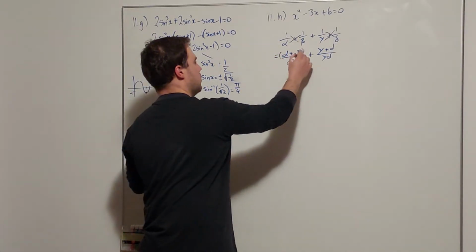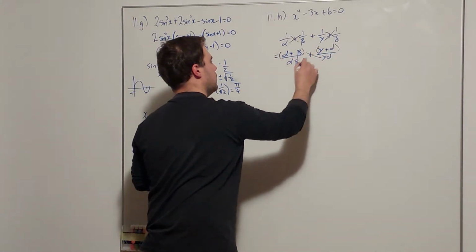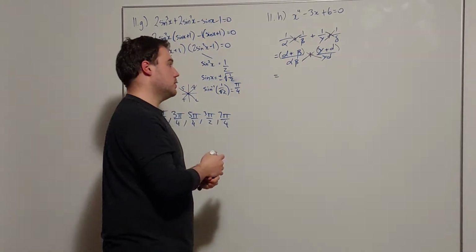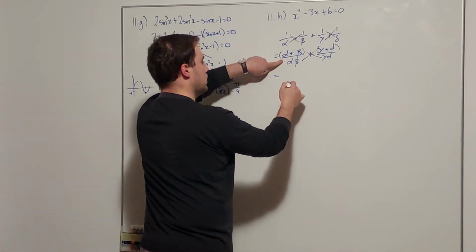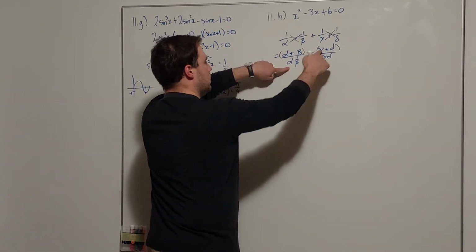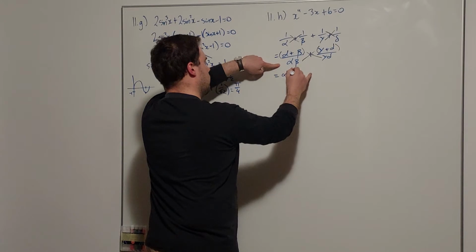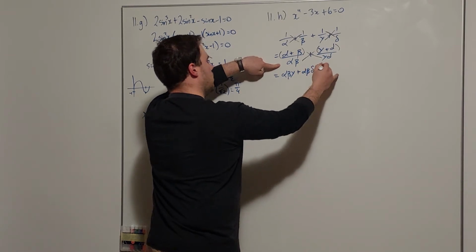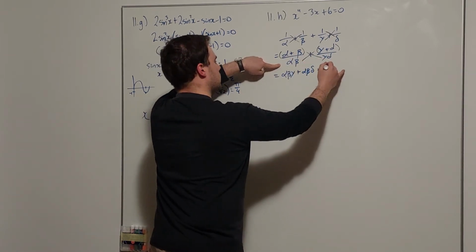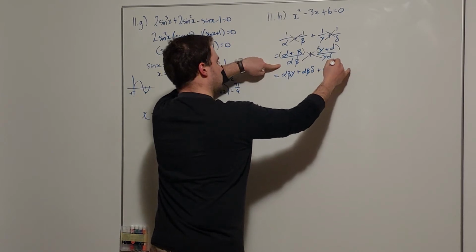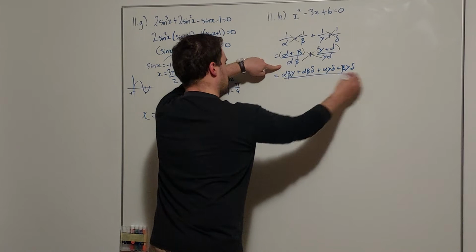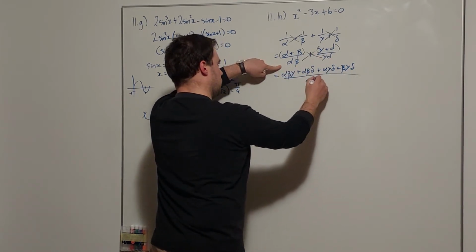And then if we find a common denominator of both of these, we're going to get in the numerator the sum of the roots 3 at a time, because we're going to get alpha beta gamma plus alpha beta delta plus alpha gamma delta plus beta gamma delta, all over the product of the roots.